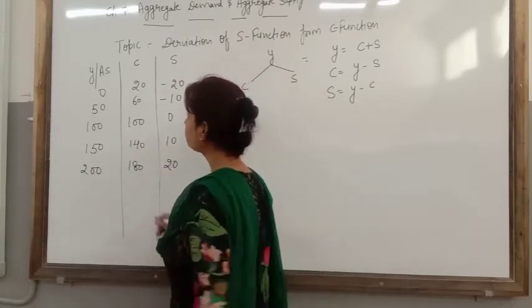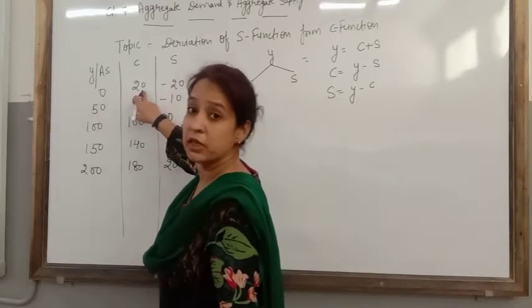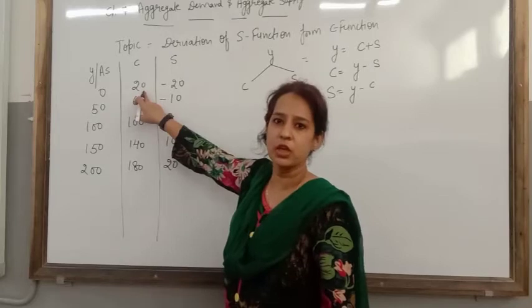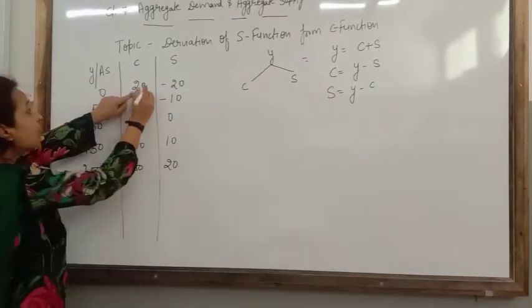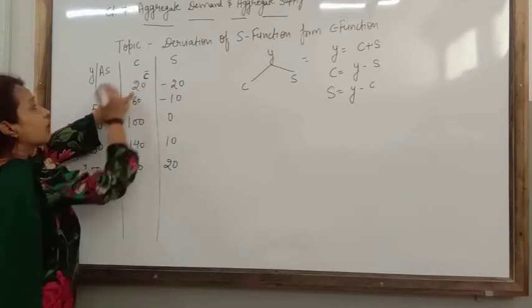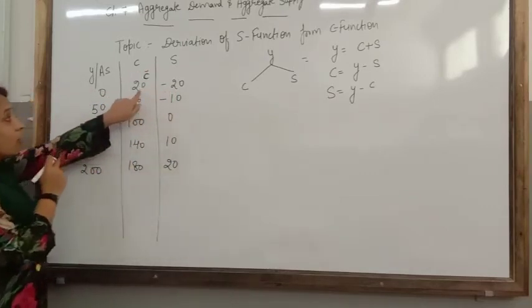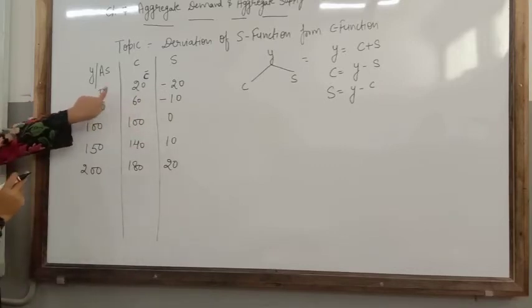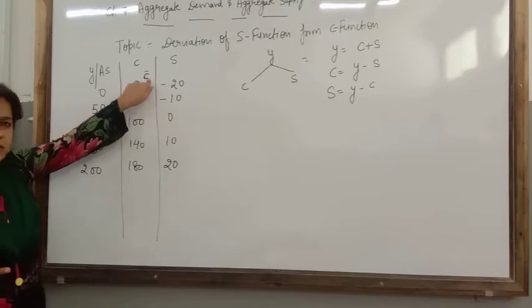All of you know, when your income is 0, then there will be the minimum level of consumption. The minimum level of consumption is denoted by C bar. Clear? When your income is 0, your minimum consumption is denoted by C bar.